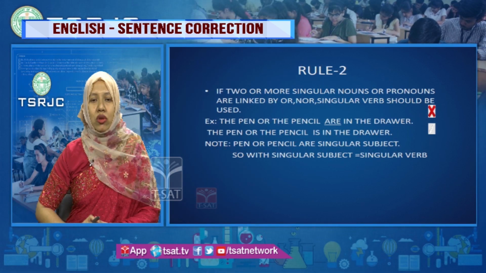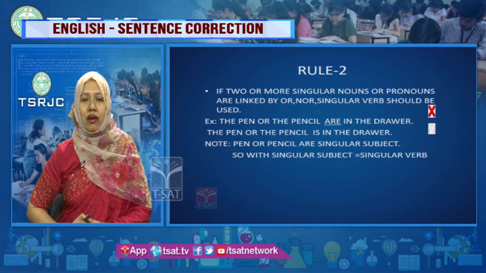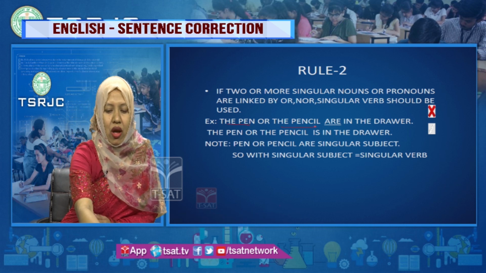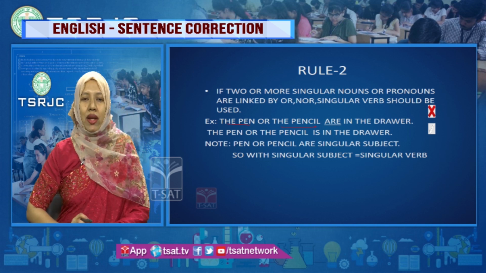If 2 or more singular nouns or pronouns are linked by "or" or "nor," a singular verb should be used. For example, "the pen or the pencil are in the drawer." Remember students, we are using "or" here. When we use "or" or "nor," we are talking about one subject. Though 2 subjects are mentioned, the pen and the pencil, we need to consider it as one subject.